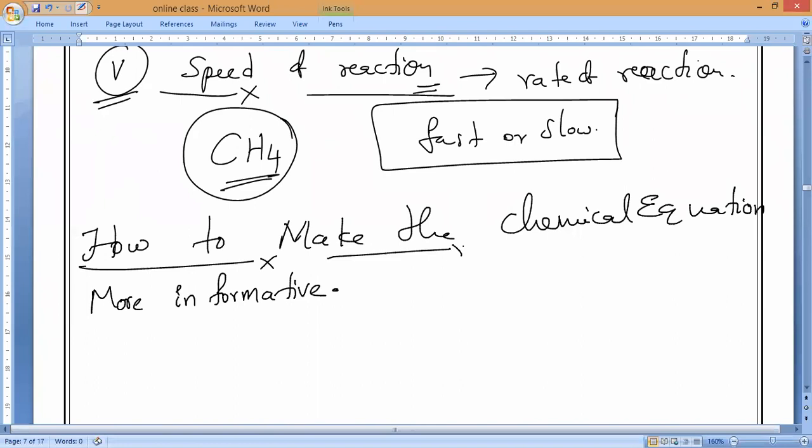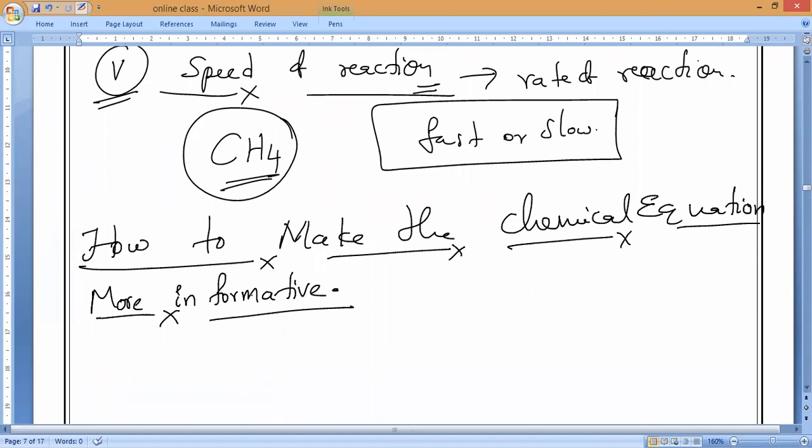Why, guys? Can you tell me? Because it will represent the physical state, the energy state, and the reaction conditions. Then all the limitations we can identify, and we can rectify them. Yes, that is what we can say.